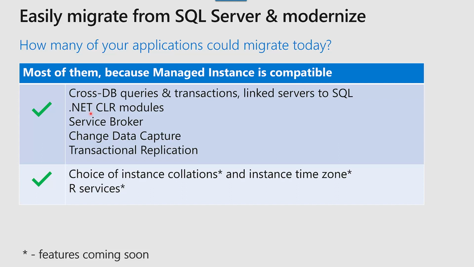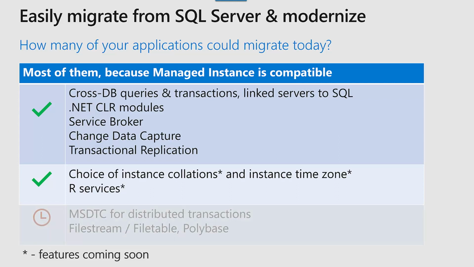So SQL Server MI supports .NET CLR, which means Common Language Runtime modules. The main thing is your own custom code attached to SQL Server. MI supports that as well. These things are already available, I believe, MSDTC and R services in a SQL MI.